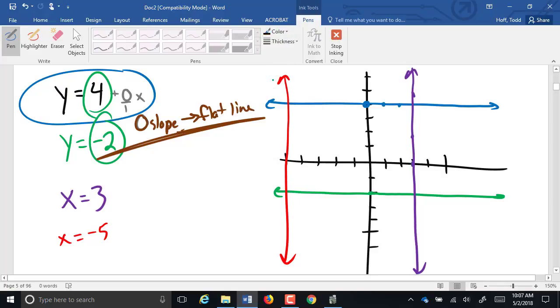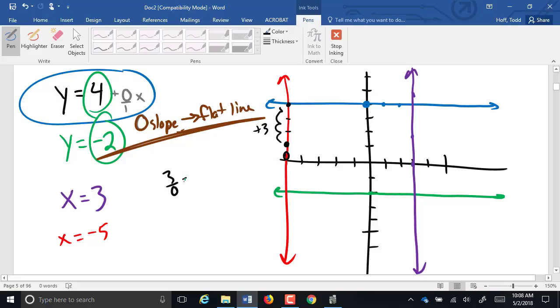What's the slope of that? Well, let's just pick some points. Let's go from here. How far did I rise there? I rose 3, right? How far did I run? None. So it's rise over run, 3 over 0. What's 3 over 0?